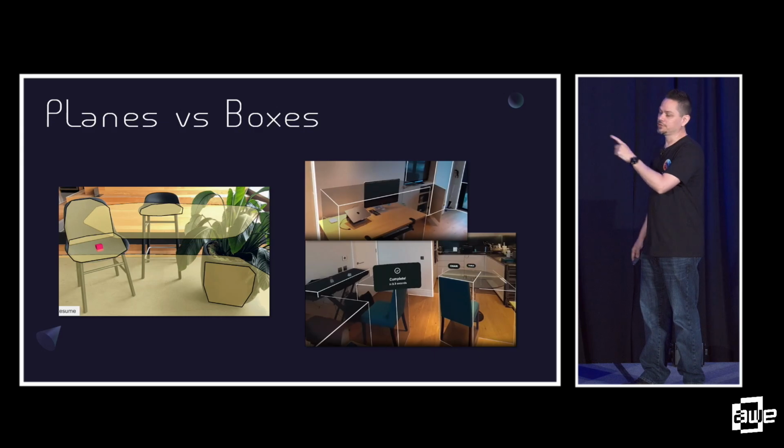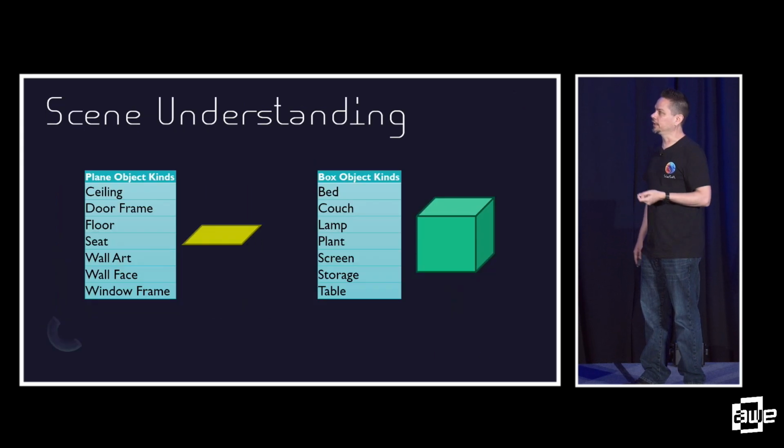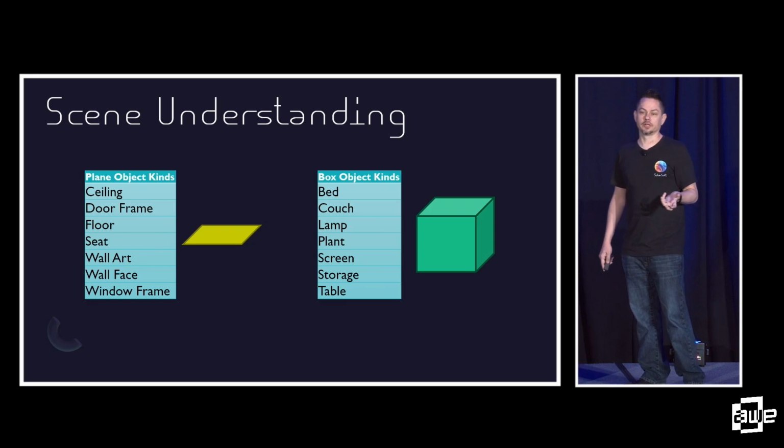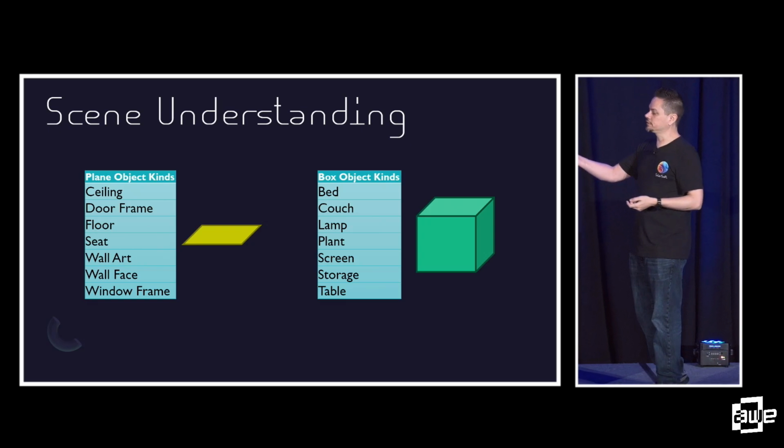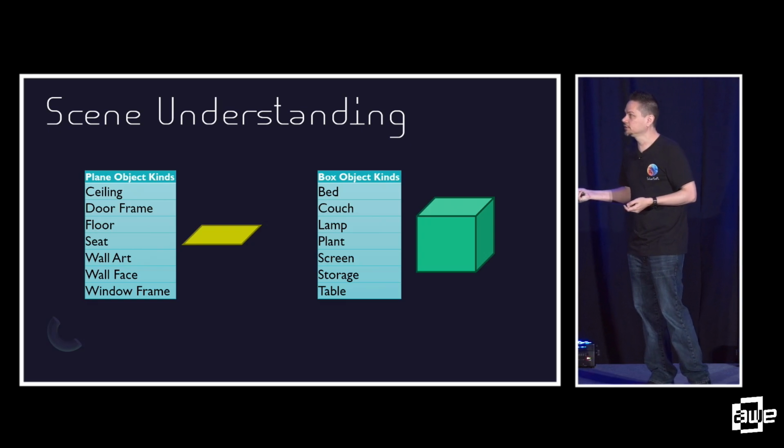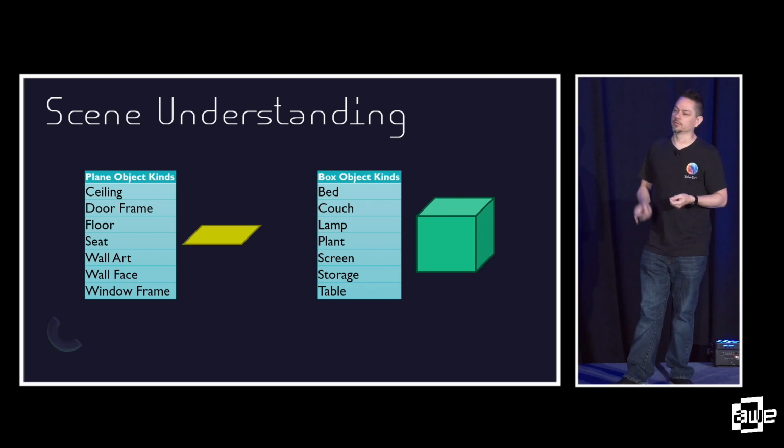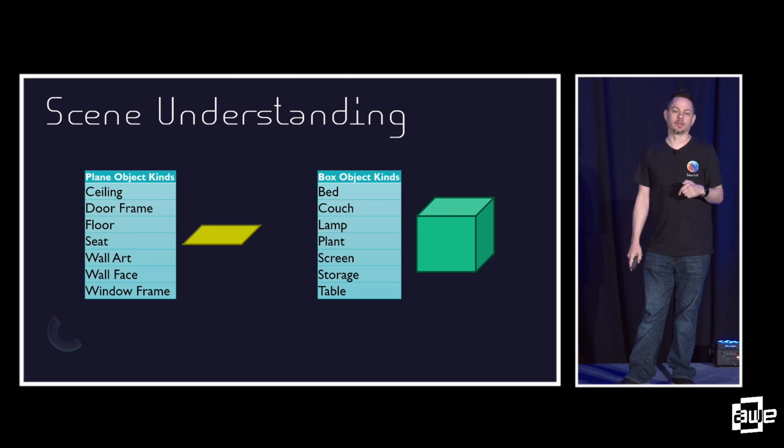That was previously only available in Meta, and then it was recently added to AR Foundation 6. So now you can still detect these planar objects, but you can also detect volumetric objects like beds, couches, lamps, etc. And with the latest Oculus SDK, or the latest update to the operating system, the device automatically detects many of these things. You don't have to manually outline them, which is really cool.